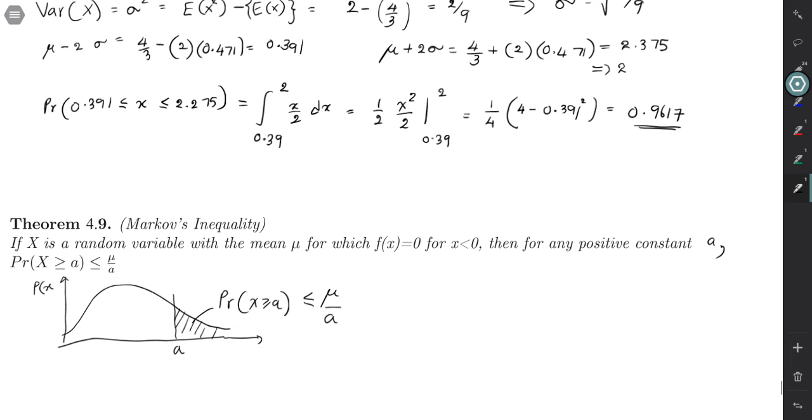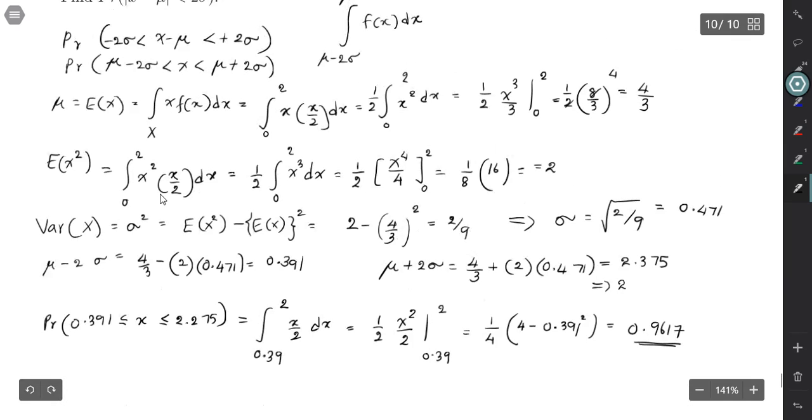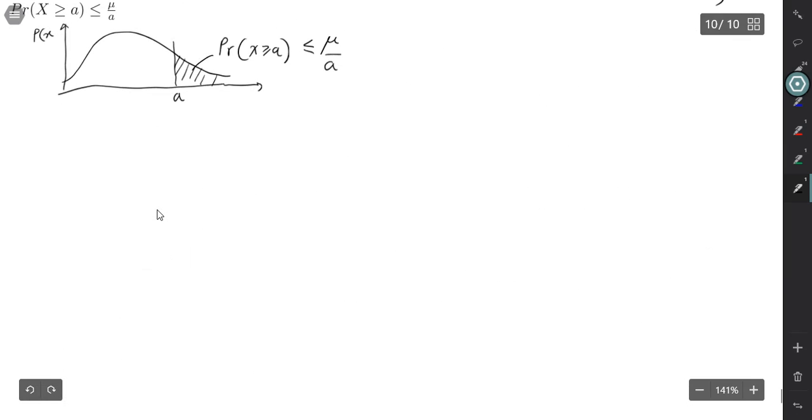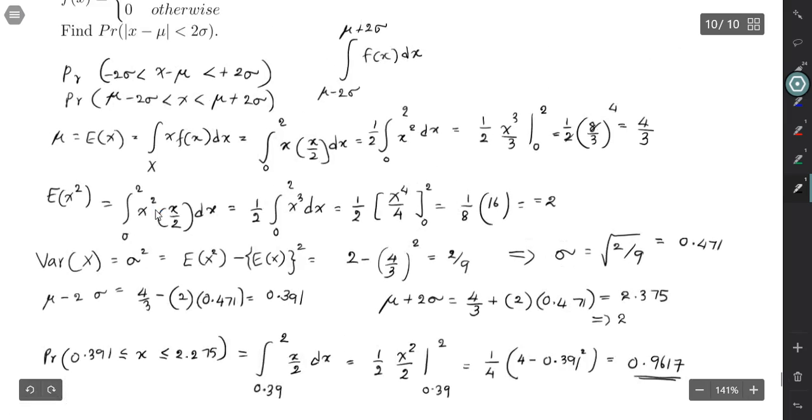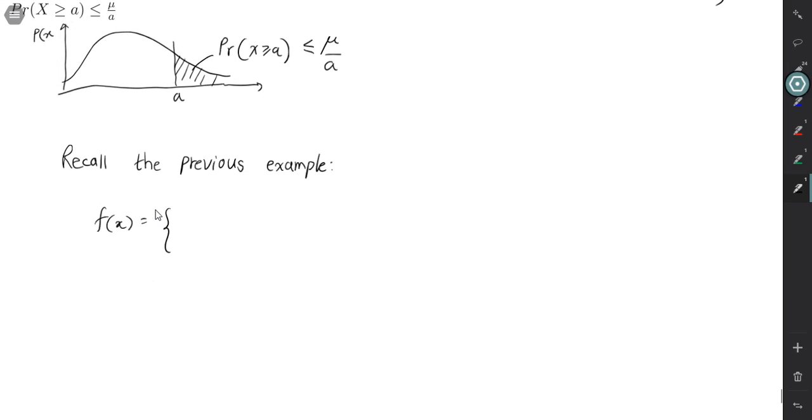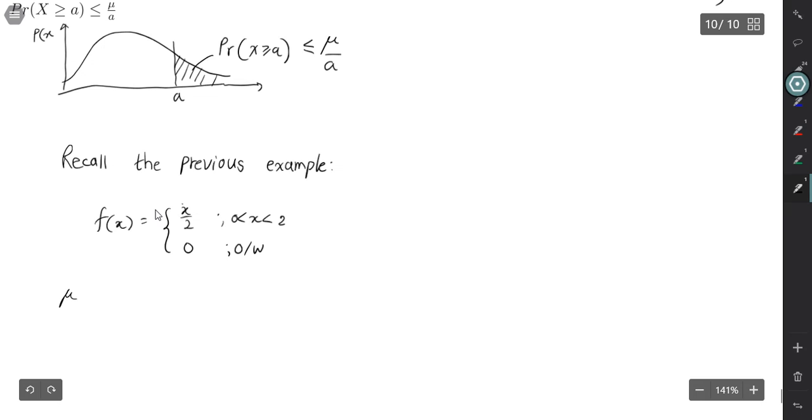If you look at the previous example, recall that we have f(x) equals x over 2 and we found that the mean is 3 over 4.